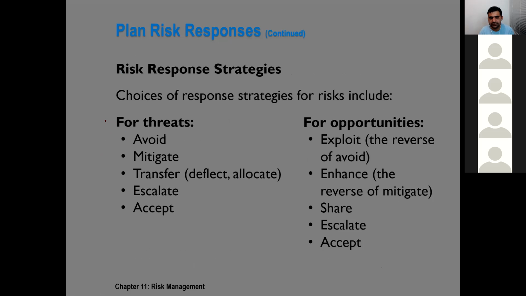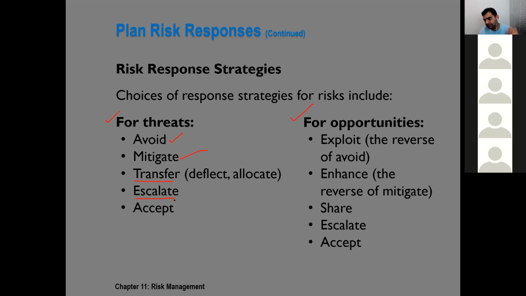For negative risks, a few strategies are given here. For positive risks, other strategies are given here. If risks are threats, we try to avoid or mitigate, reduce the probability and impact, or transfer it, for example, to our contractors who are experts of this domain. They will come and do it, and we pay for that from contingency reserve.